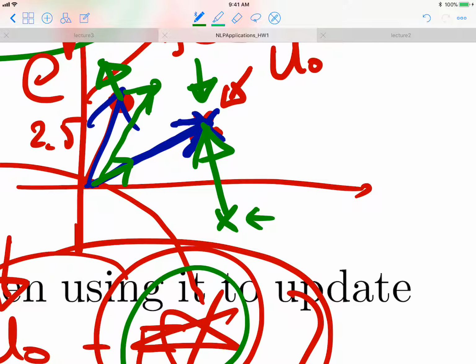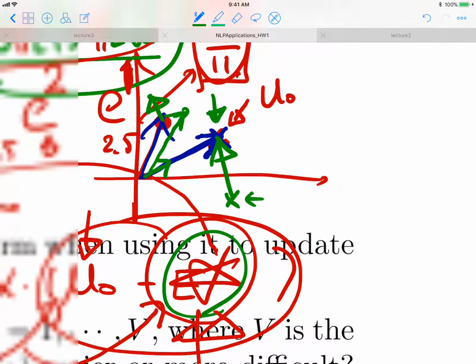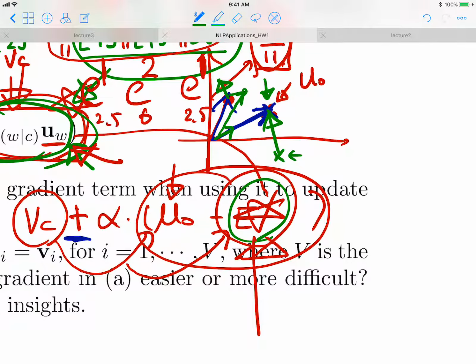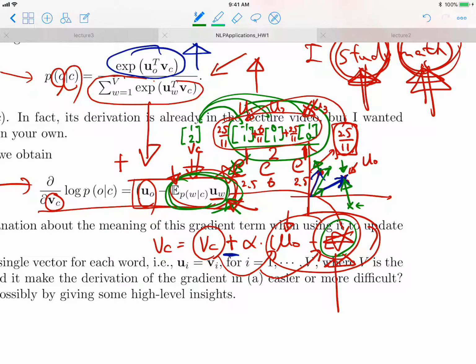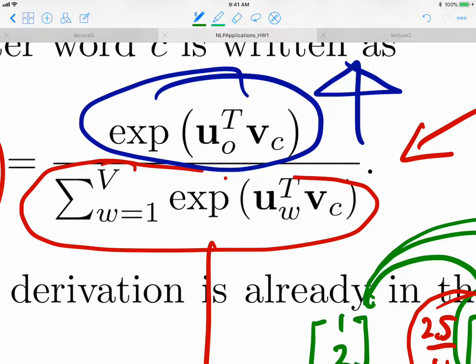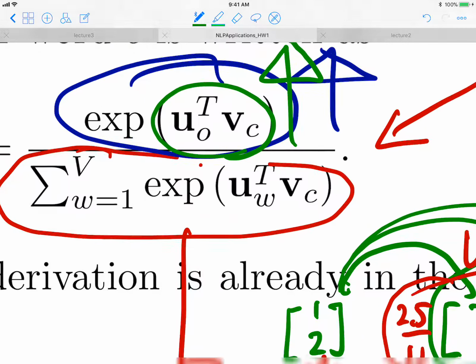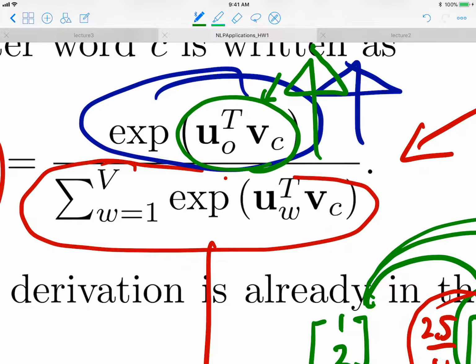It's also somewhat related to the properties of softmax. Of course we want to increase this, the inner product between the center word and the actually observed context word. But what if the similarities of this center word to other vectors are still high?